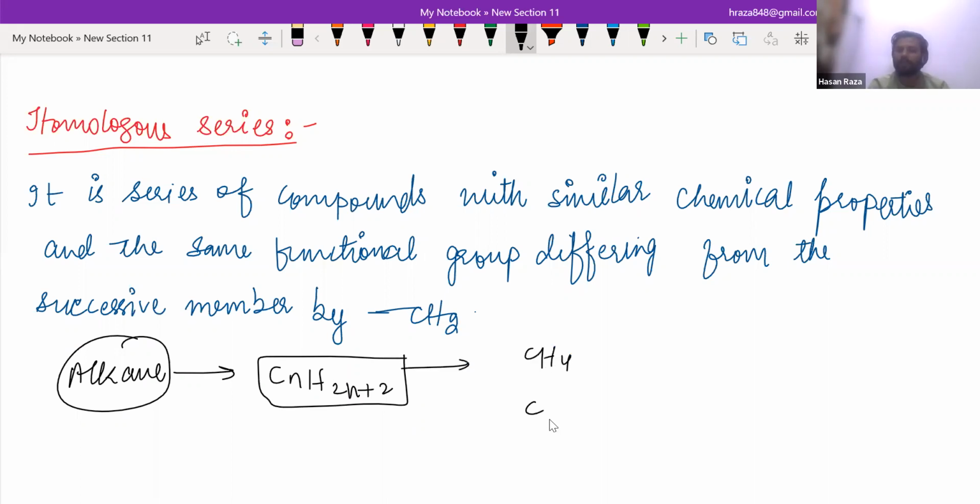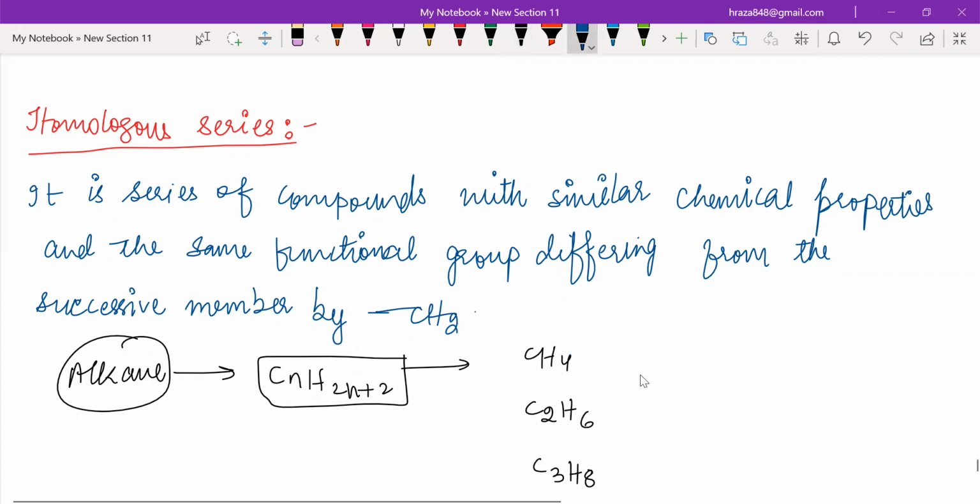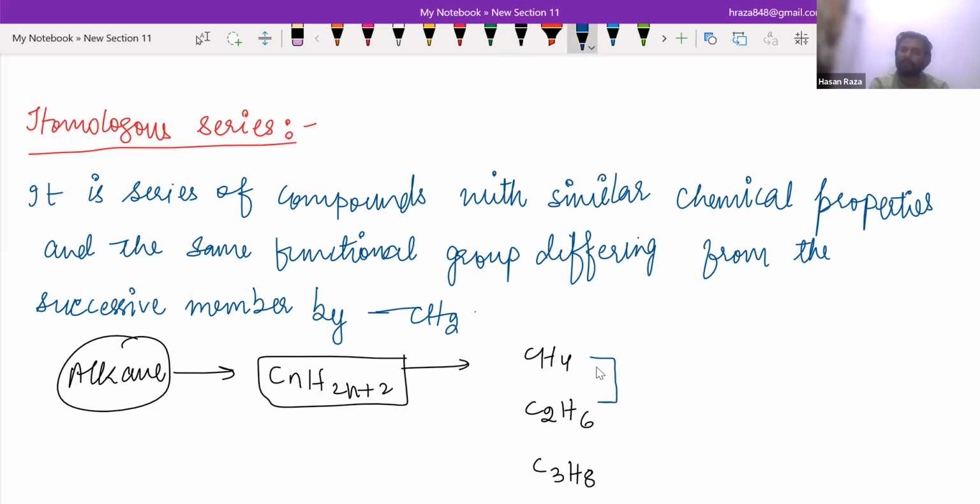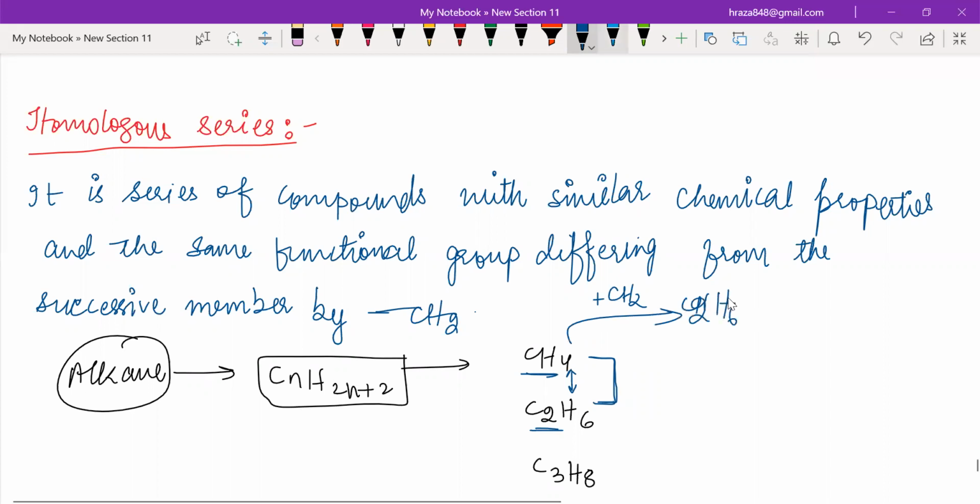The second member of alkane is ethane. The third member of alkane is propane, yes or no? Are you getting my point? Yes, sir. Now, you can see the difference between successive members: this is CH4 and this is C2H6. So if you add CH2 to this, won't you get C2H6? You will get it. Yes, sir.